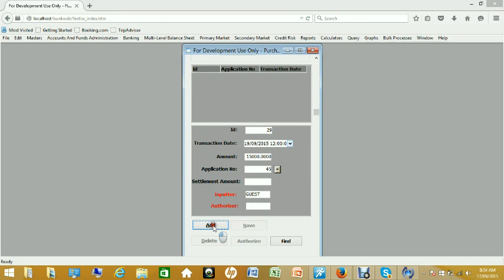Now let's add for 20th of September. Let's add amount as 15,000. Let's enter application number.